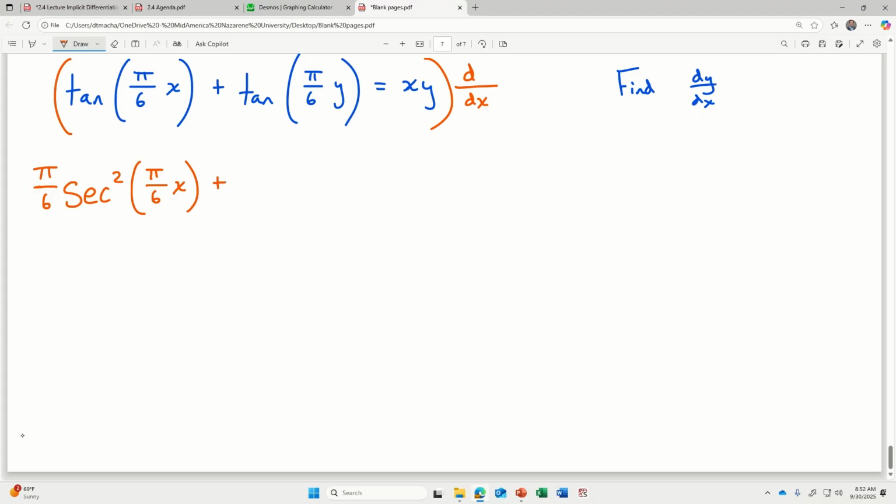Now, we just said the derivative of tangent was secant squared, so I should also do the same thing here for this tangent. This tangent gets to become secant squared pi over 6y. But the chain rule says I should multiply by pi over 6 and dy dx. Okay, the right side of the equation. What's the derivative of x times y? dy over dx.